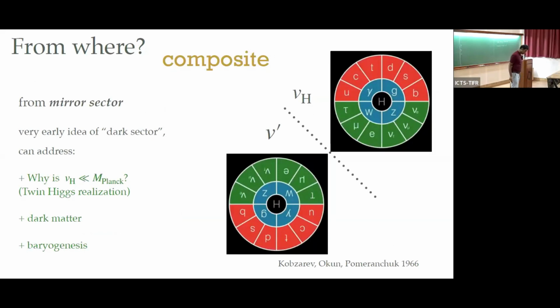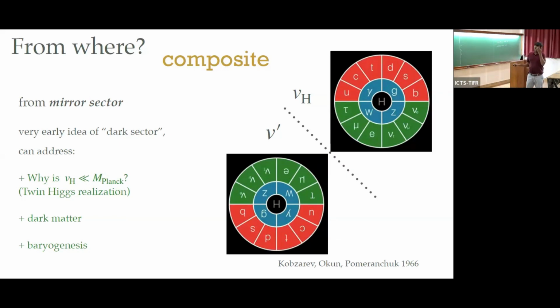And as I said, the dark neutron could be a composite as well. One realization among many is for this composite to arise from a mirror sector. I'm not a big fan of the mirror sector, but this seems to be a popular one in the market, where you have a mirror sector literally, with right-handed counterparts and other states of the standard model with its own mirror Higgs, which gets a vacuum expectation value of its own.